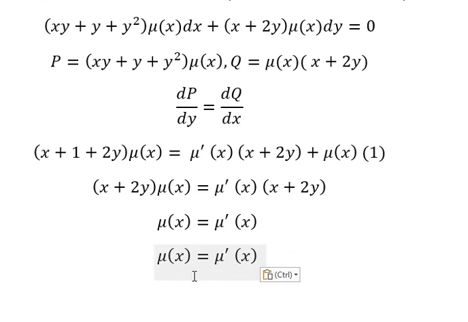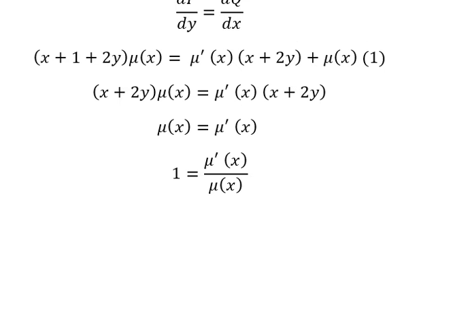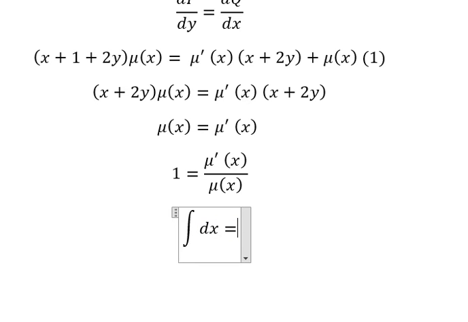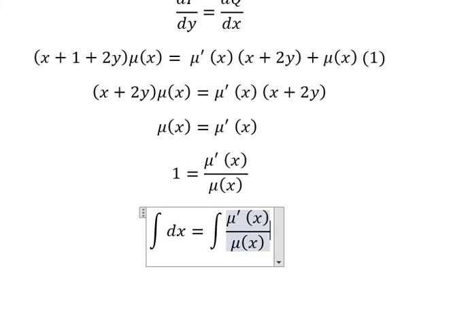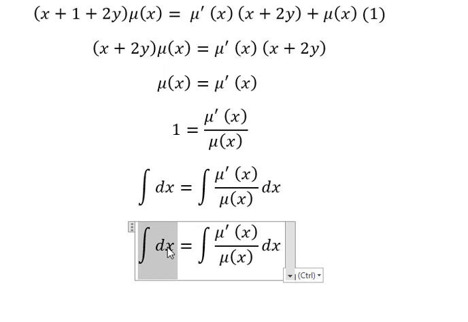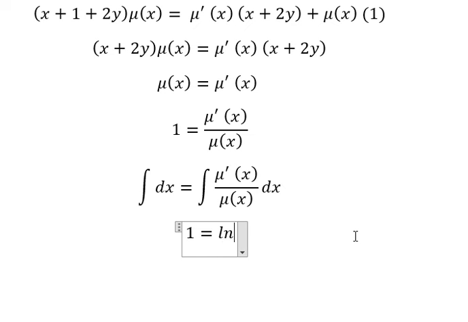Later that we divide both sides by mu x. Next, I will put the integration for both sides. So the integration of this one we have number 1. The integration of this one we have ln of the absolute value of mu x.